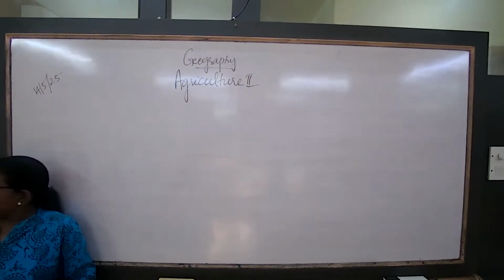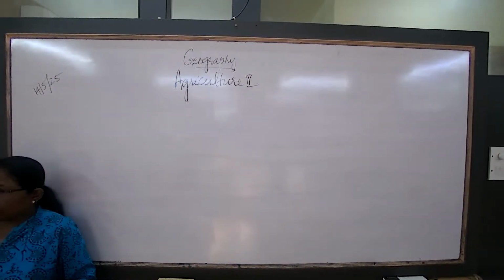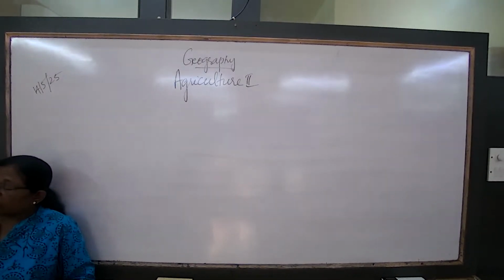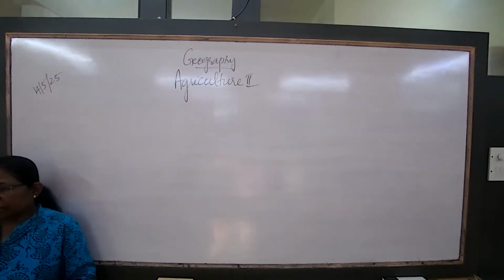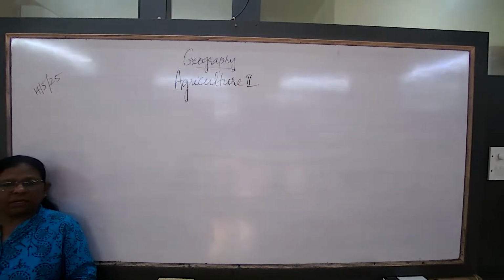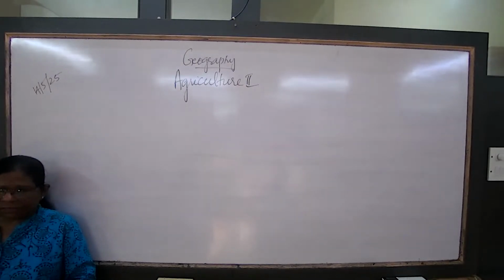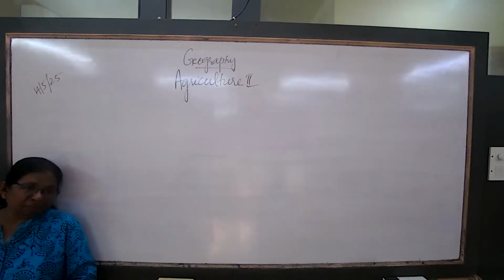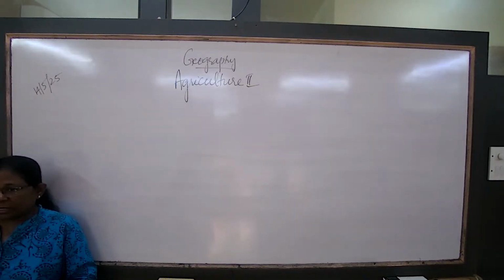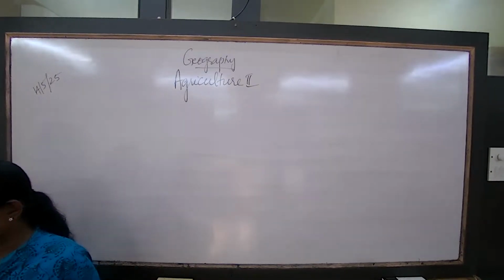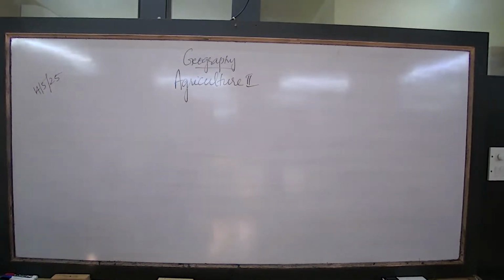It requires favorable conditions: favorable soil, different types of soil found in the country, different climatic conditions, and availability of water. All these conditions favor different crops to grow.